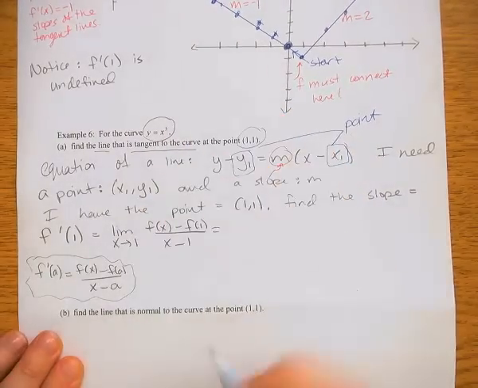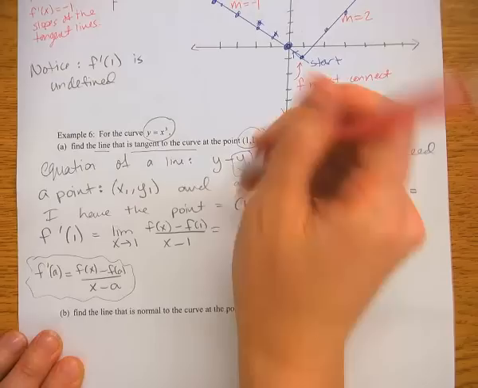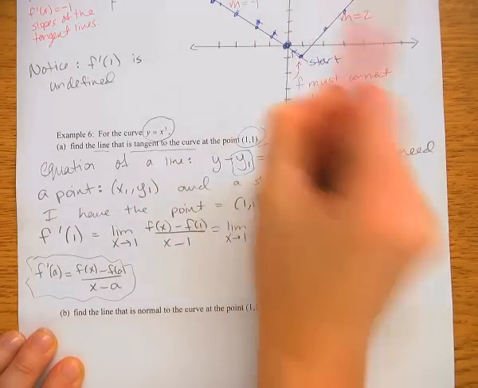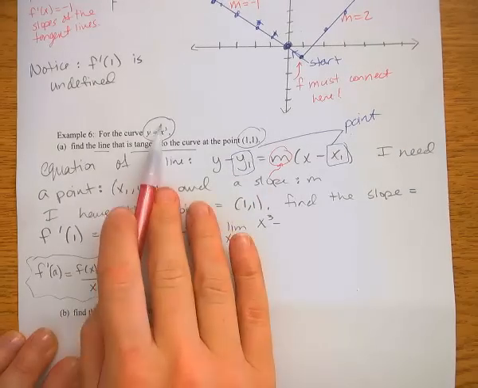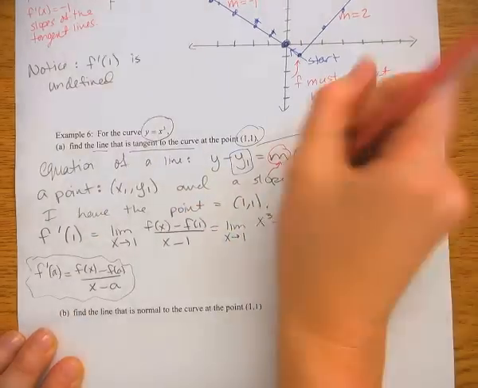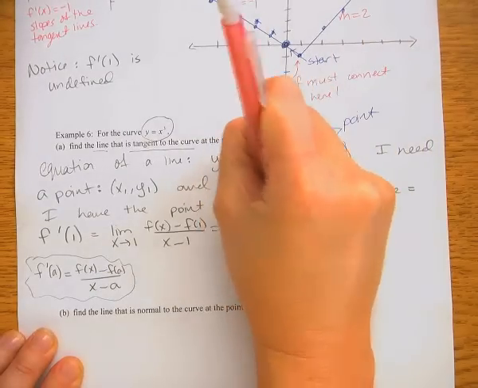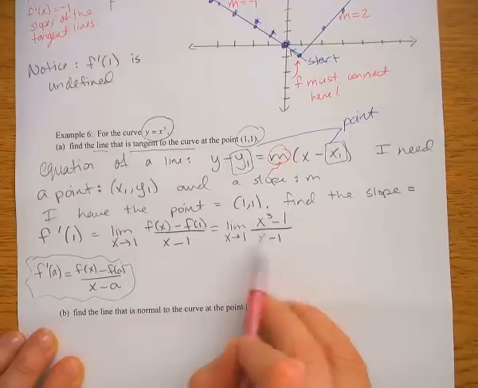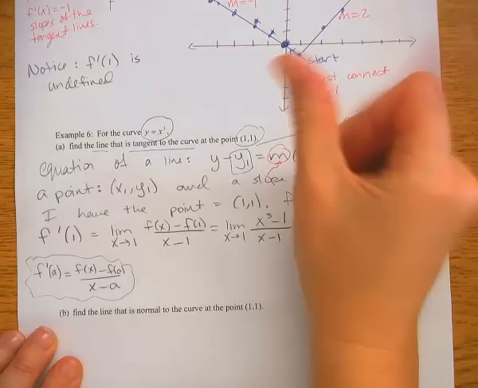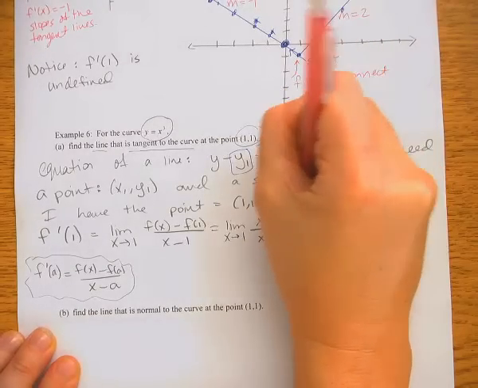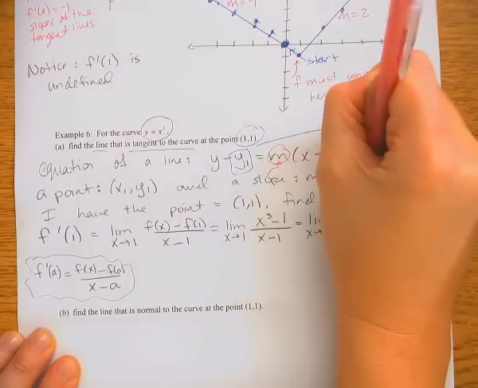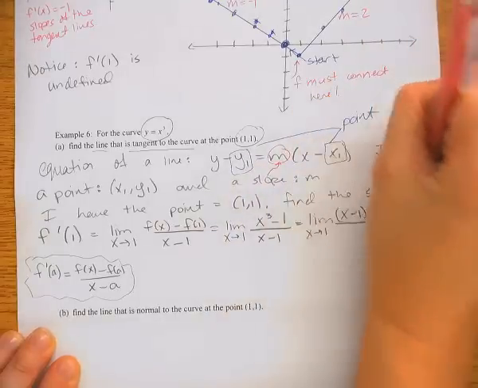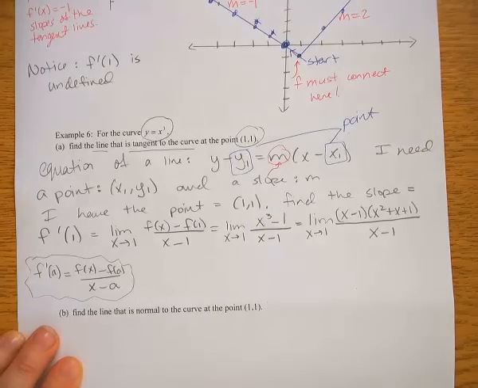So I'll go ahead and plug in f of x, which is x to the third, minus f of 1. So if I plug 1 in there, I get 1 to the third is 1, all over x minus 1. When I substitute the 1, I get 0 over 0, so I need to do more work. So I'm going to factor the numerator into x minus 1 and then x squared plus x plus 1, all over x minus 1.